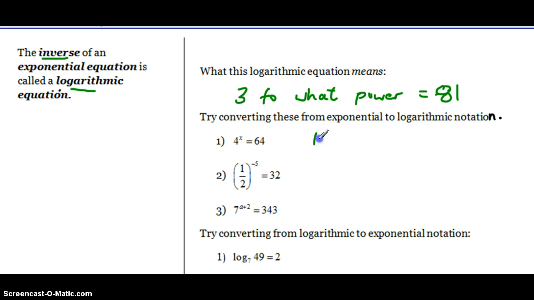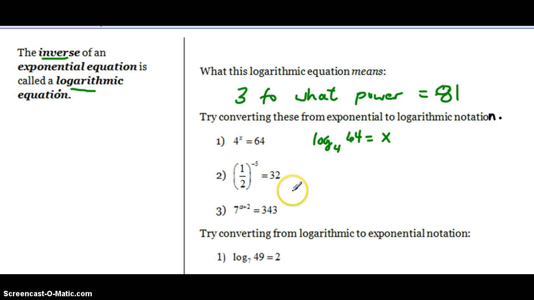So log, and then you write down the base of the exponential, so it was 4, and that's always written as a subscript, so it should look small and lower than your g here for log. So log base 4, and then the of is what is on this side of the equal sign for the exponential, and then it's equal to the power. In this case, our x is our power.